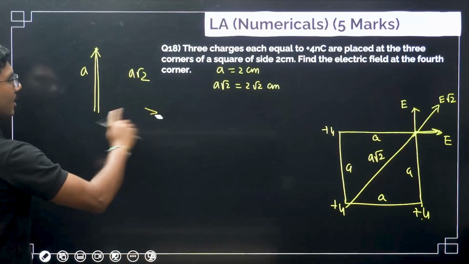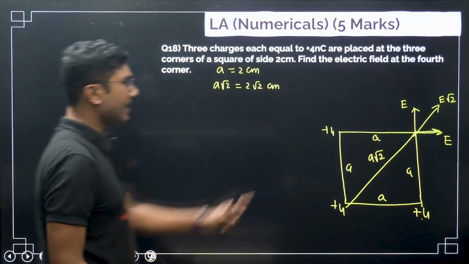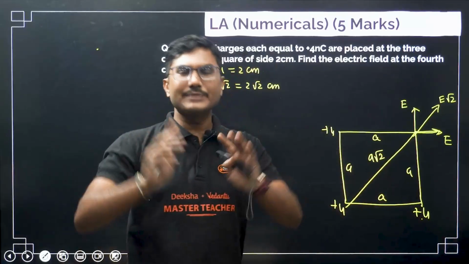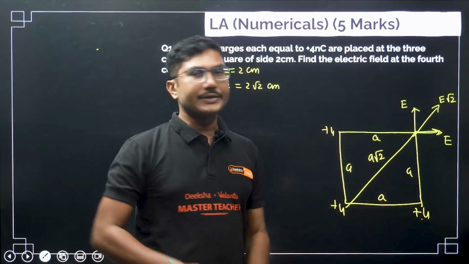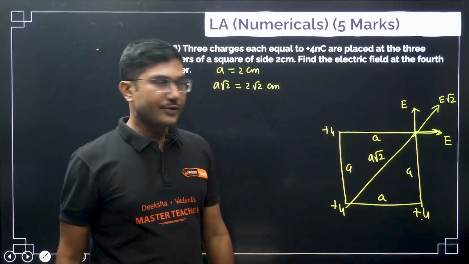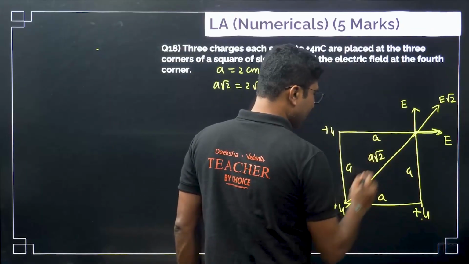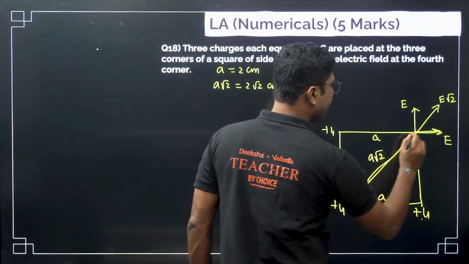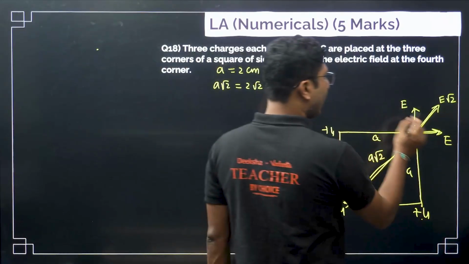Because both the vectors are magnitude wise same, it will always be given like this. Remember that the values of these two charges will always be same, otherwise it will be a very complicated question to solve. Okay, and this one is already in this particular direction. So E1, E2 are same.